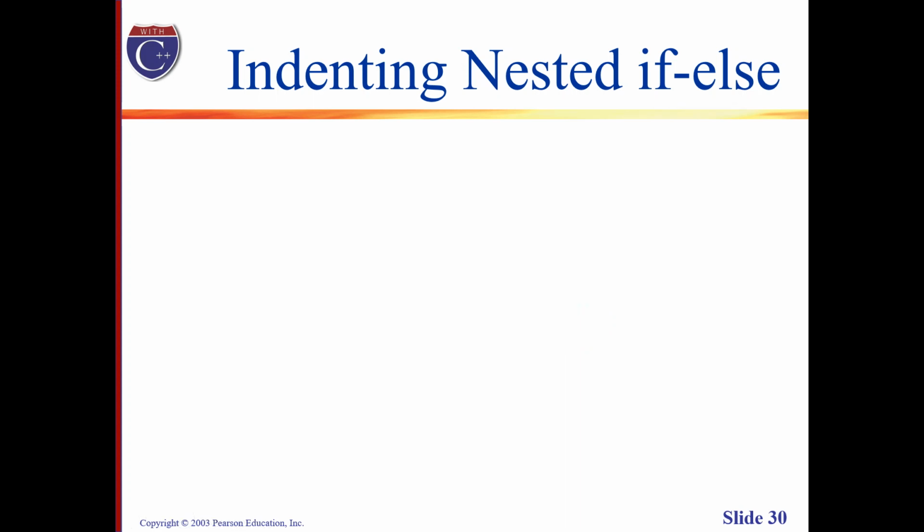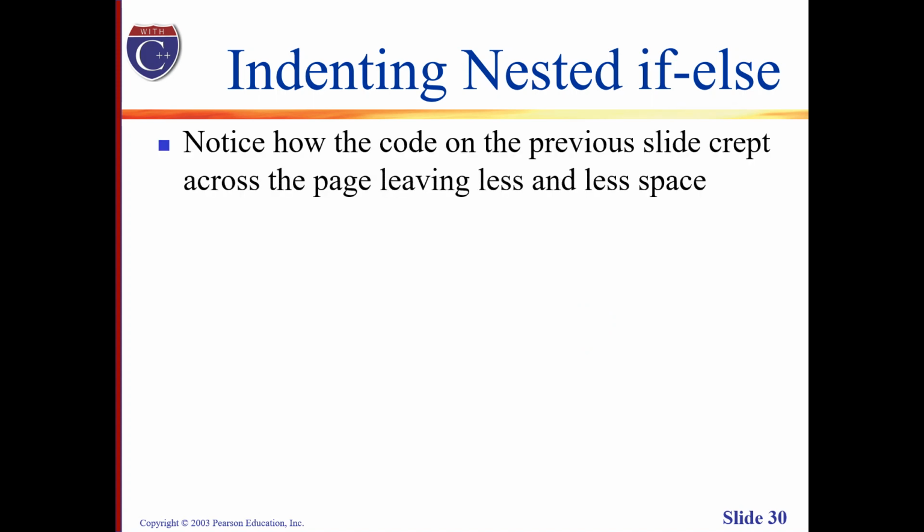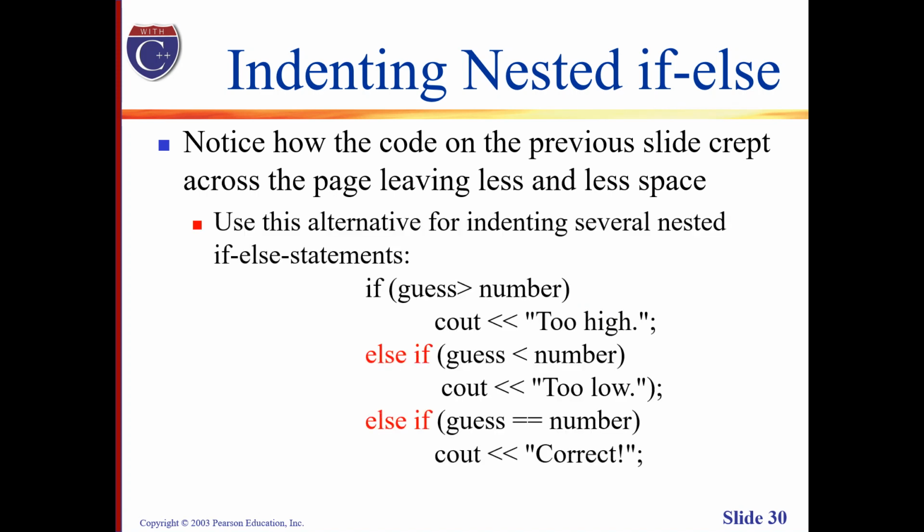But of course, we've already mentioned about organizing our source code, especially if-else statements, using indentions. Notice that the code on the previous slide doesn't look great since it takes up too much space, and of course it might look confusing. But if we are going to use indenting, those extra spaces can be gotten rid of, and therefore we will have a more organized source code that looks neat and easier to read.